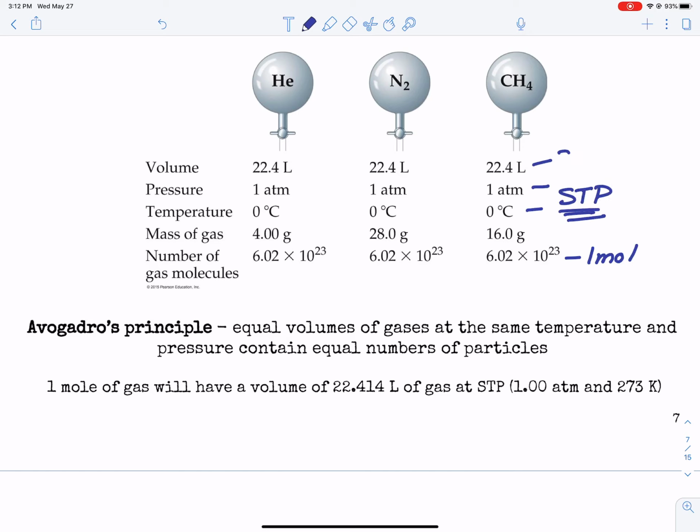We said that the volume, we used more significant figures, was 22.414 liters. And that's interesting because it's independent of the identity of the gas. You can see that helium gas and nitrogen gas and methane gas all have the same volume when there's 1 mole.